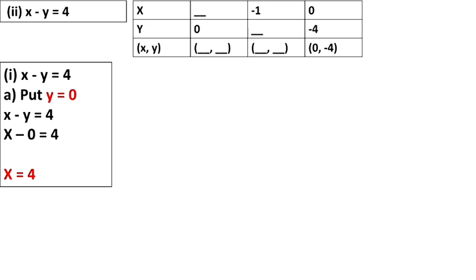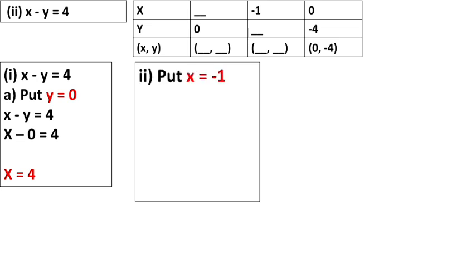The second one, it is given the x value is minus 1, the y value we have to find, and the x, y value is not given. So the equation is x minus y equal to 4. Substitute the x value, minus 1 is given. In the place of x we will write minus 1 minus y equal to 4. So here minus 1 will go to the right side, become plus 1. 4 plus 1 is 5, but y is negative.